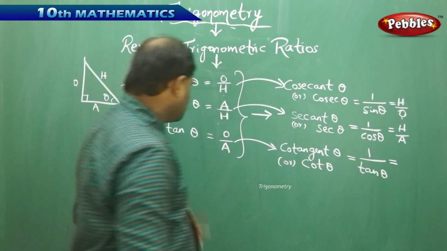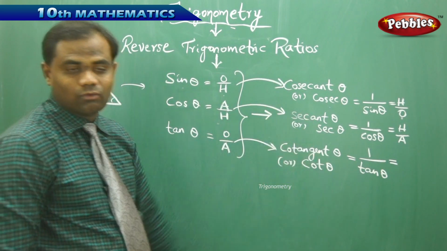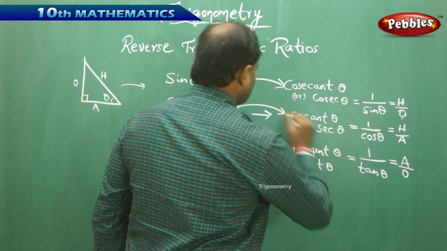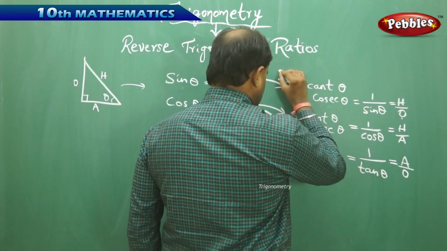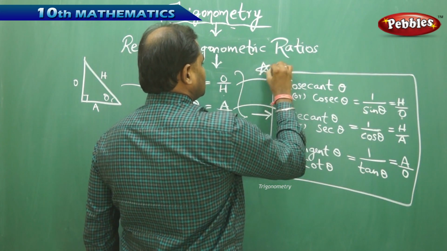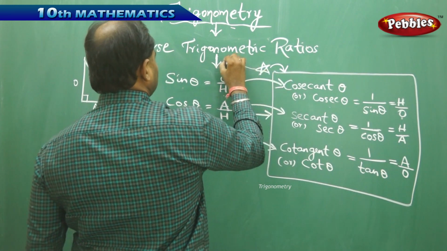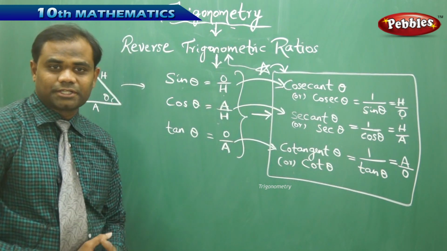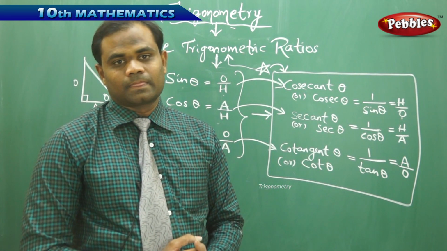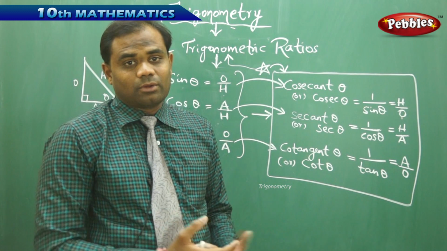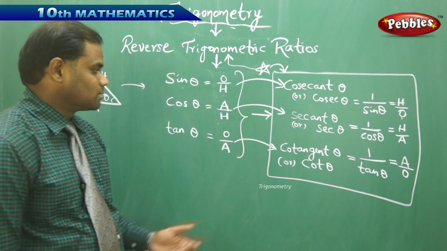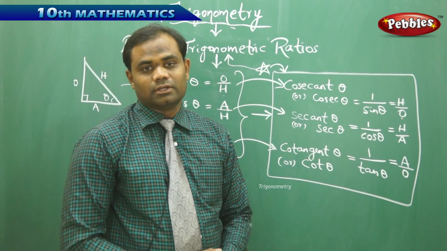Therefore, tan theta being O by A, cot theta will be A by O, that is adjacent by opposite, which is what we get for the reciprocal trigonometric ratios taken as a formula. The reverse trigonometric ratios are cosecant, secant, and cot. The standard trigonometric ratios are sine, cos, and tan, and they have their own respective formulae with their own definitions.